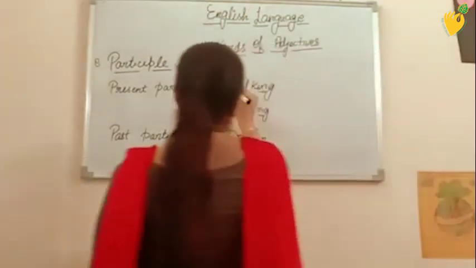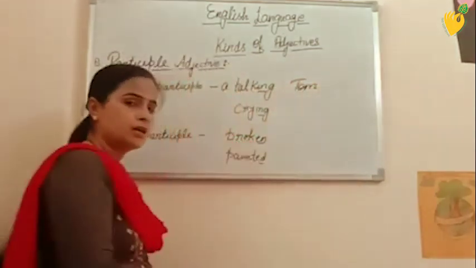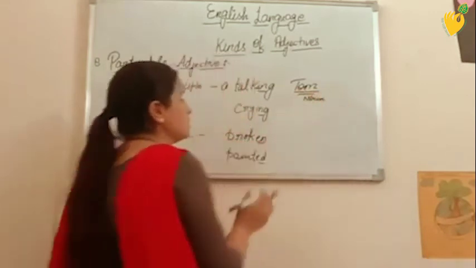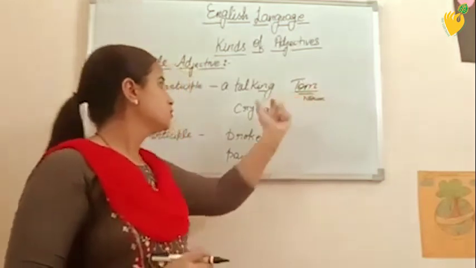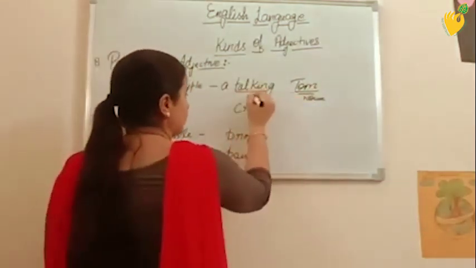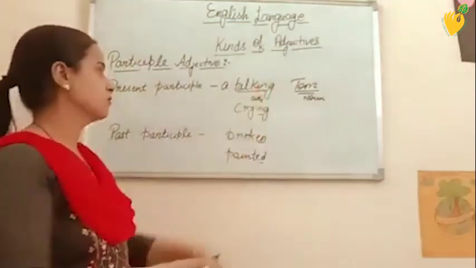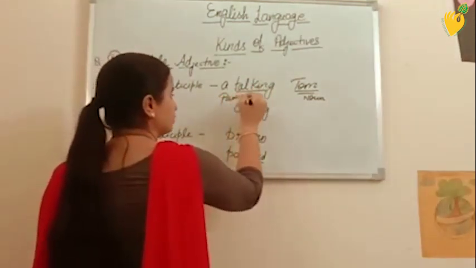For example, talking Tom. Here, Tom is a noun and talking is giving more information about this noun word. So, talking is an adjective. As this is a participle, this is known as a participle adjective.